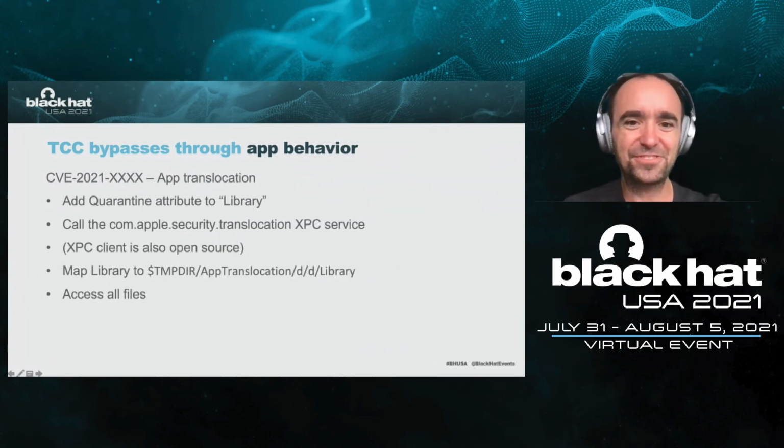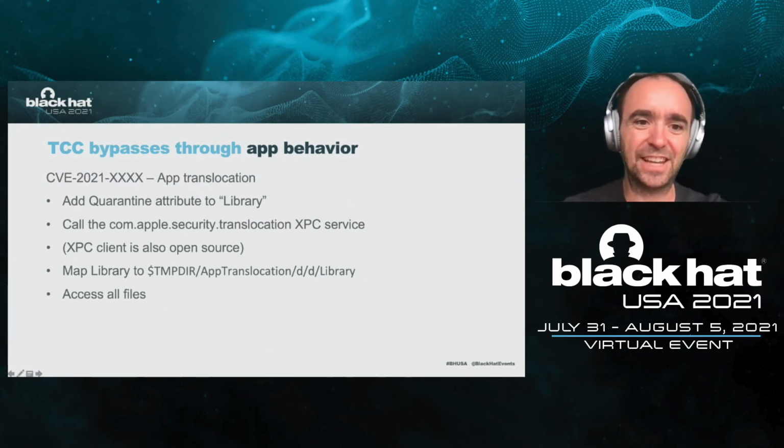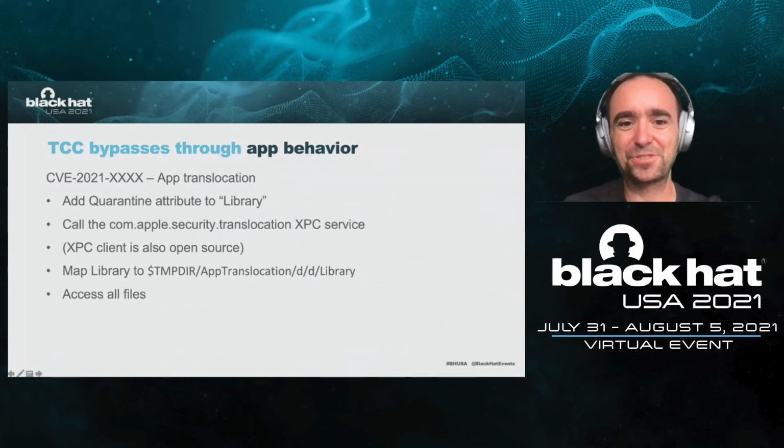So what we do in this case to exploit this behavior, we add a quarantine attribute to our Library folder. For example, we can do it with other folders as well. And then call the Apple security translocation XPC service and basically ask the translocation service to translocate the Library folder.